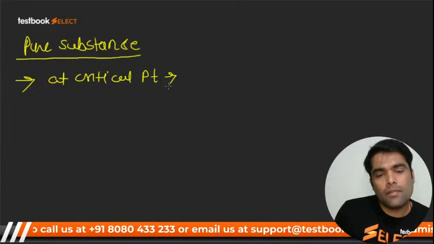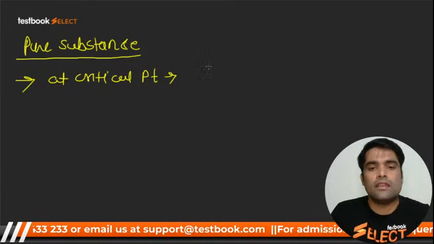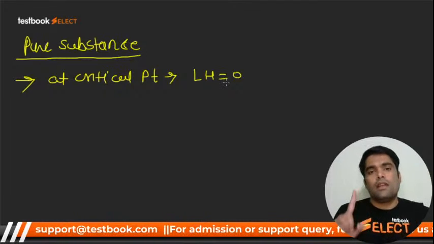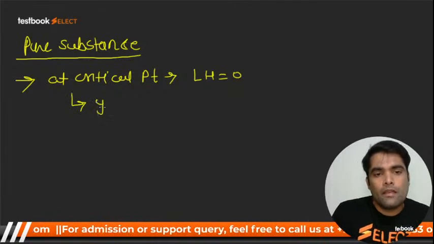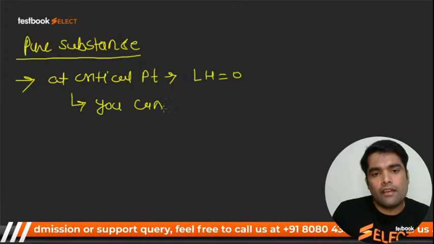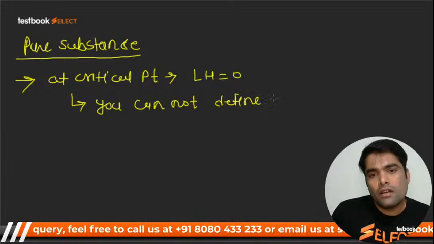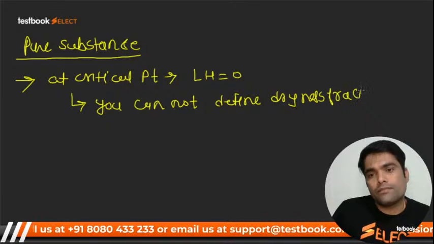Critical point पे क्या होता है? Critical point पे you are not able to define, or you can say critical point पे what? Latent heat is equal to 0. Latent heat is equal to 0. And one more thing, you cannot define what? Dryness fraction at critical point.